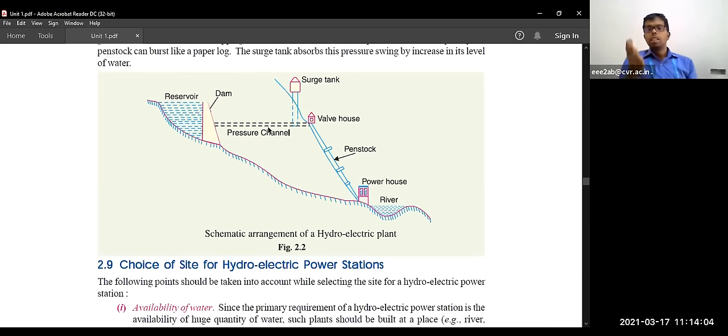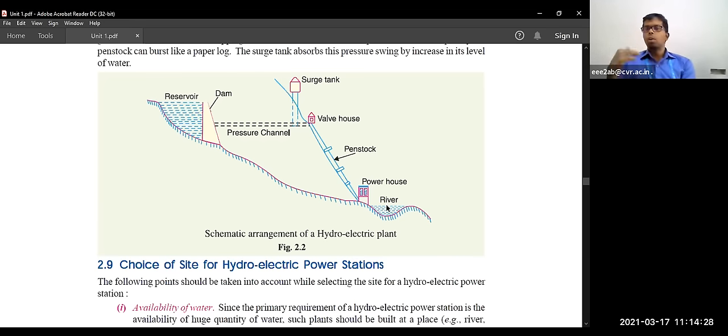Imagine you're doing the same thing in the hydroelectric power plant also. The turbine has to rotate at some RPM, but not like in the lab.